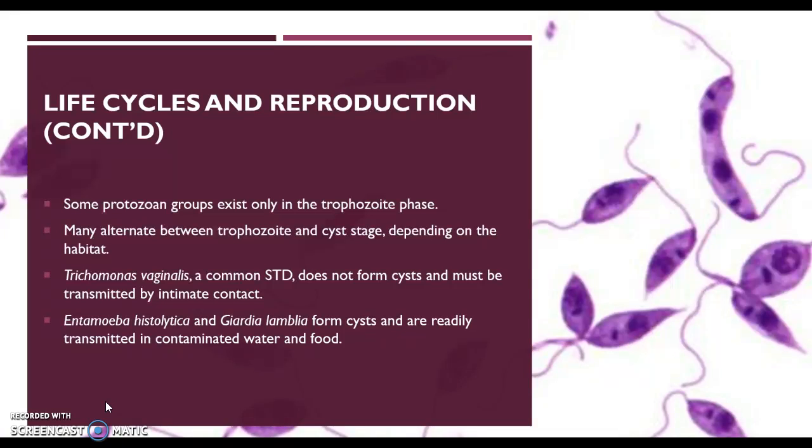So transmission occurs by direct contact. However, Entamoeba histolytica and Giardia lamblia both form cysts, and the cyst is how the organism is transmitted to cause disease, and it's typically in contaminated food or contaminated water.